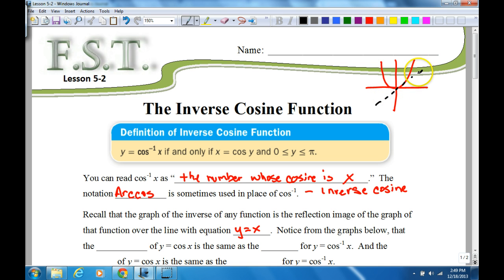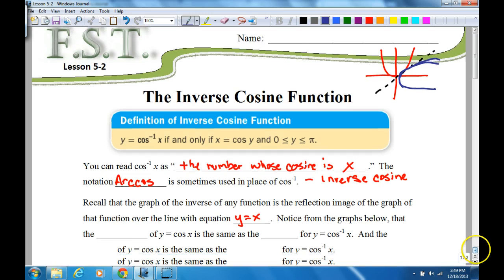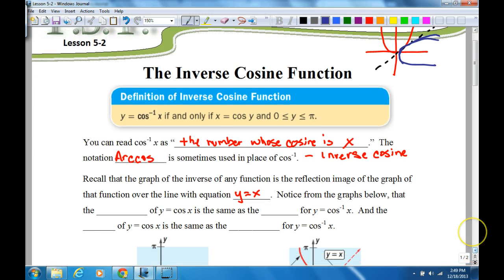Here's my y equals x line. It reflects over that line, right? So now it's going to turn over to its side, kind of like this. Okay? So the same thing can be said about cosine. When you are taking the inverse of it, it flips it on its side.